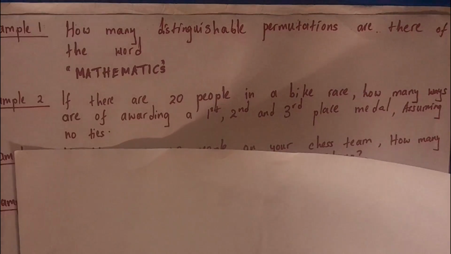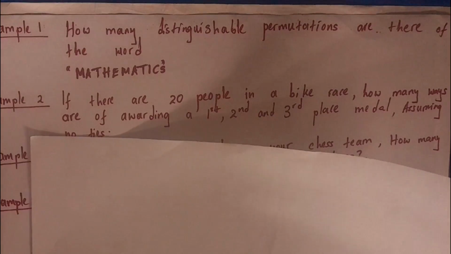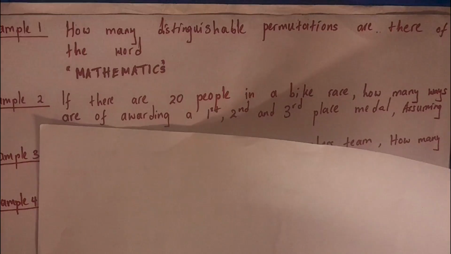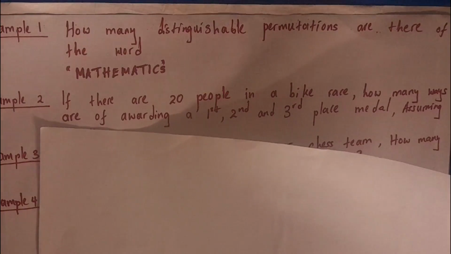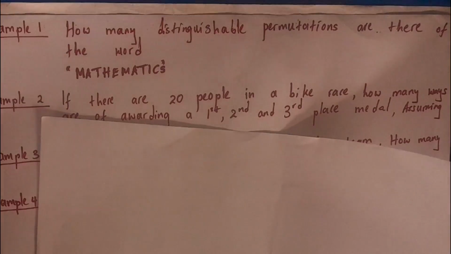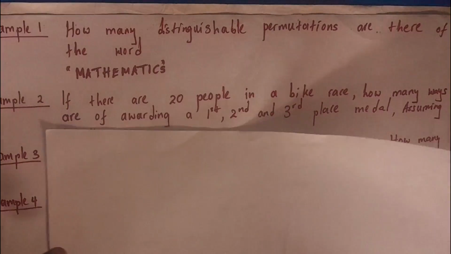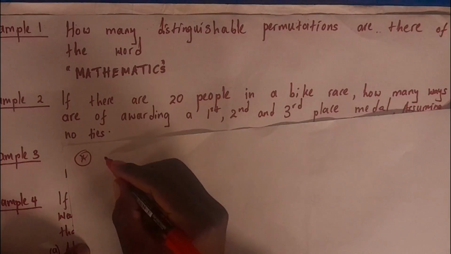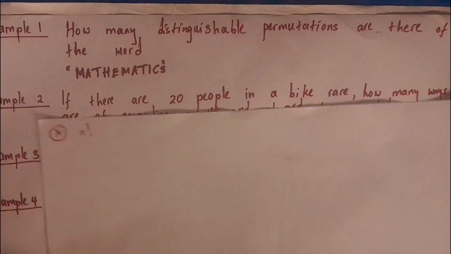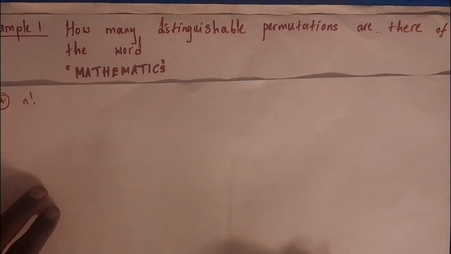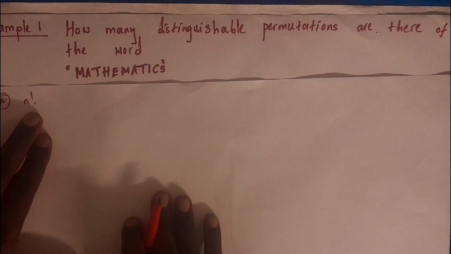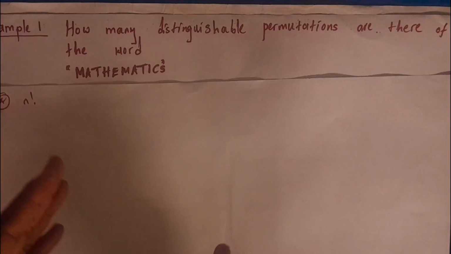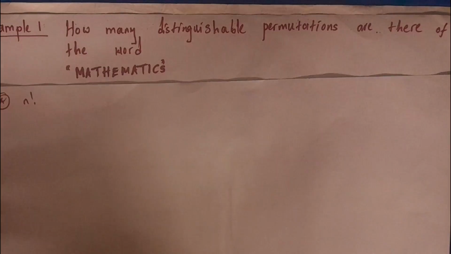So here we need to find the permutations, and we have agreed that when the question just says find the permutations, without the clue word choose, we are going to use the formula n factorial, or we are going to arrange these letters in different ways.